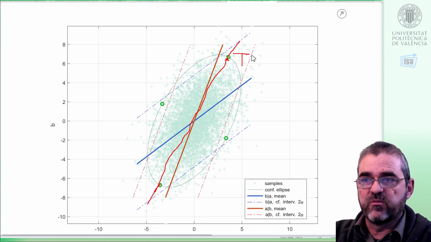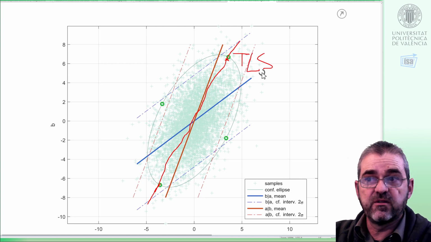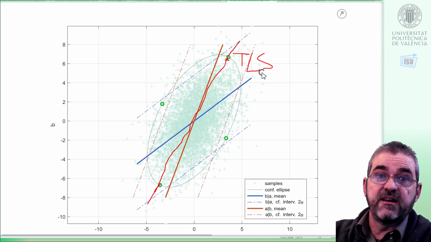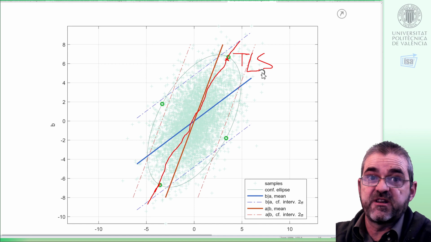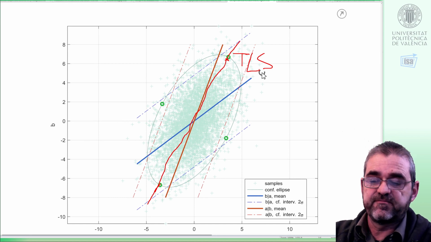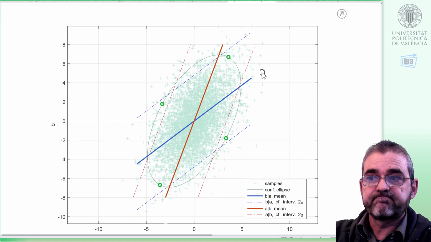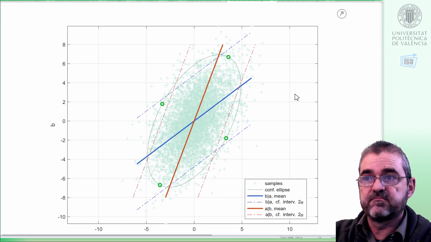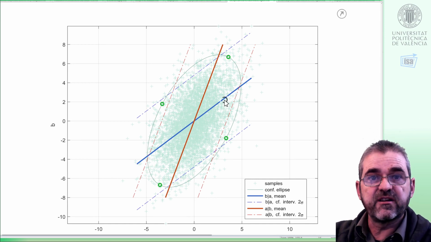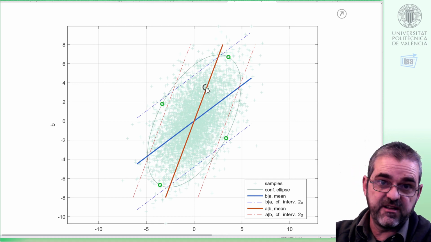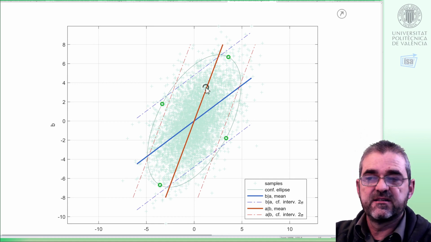In fact, that model is called the total least squares model, but it's different from the least squares, minimum sum of squares, minimum variance predictors given by the blue and red lines. Details on total least squares are outside the scope of this material, for brevity. So predicting one thing given another, or vice versa, inverting in a statistical sense, is not the same as the algebraic inverse.